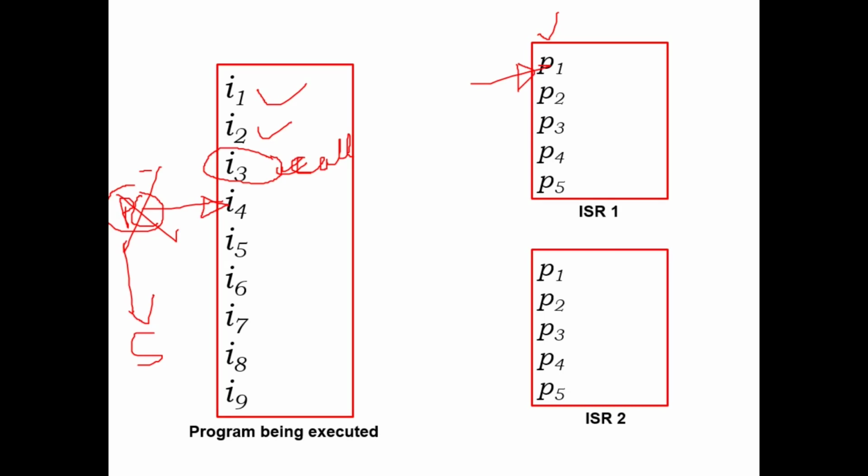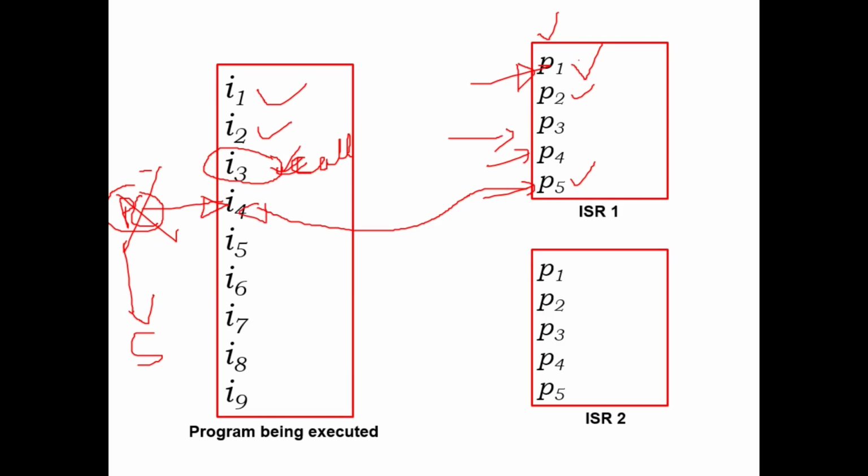So now after I3 is executed, PC is pointing to P1, so the processor starts executing this subroutine. As the processor executes every instruction, PC will be updated to the next instruction. When the processor executes the last instruction of the subroutine, PC now must come back and point to I4.